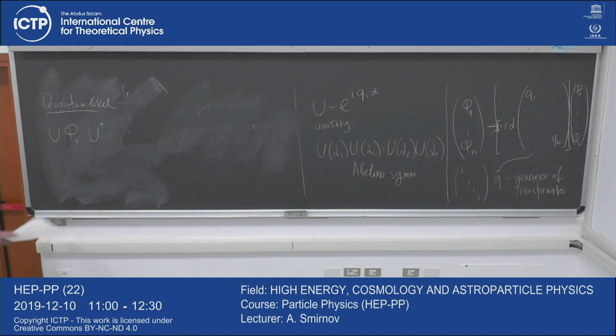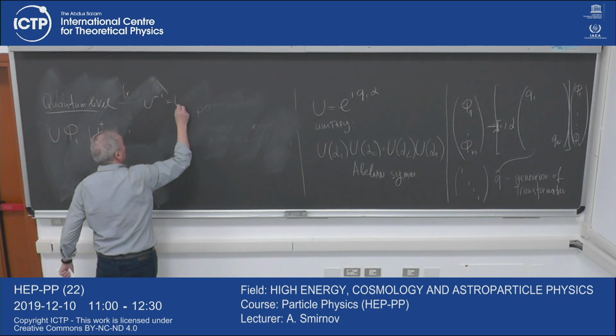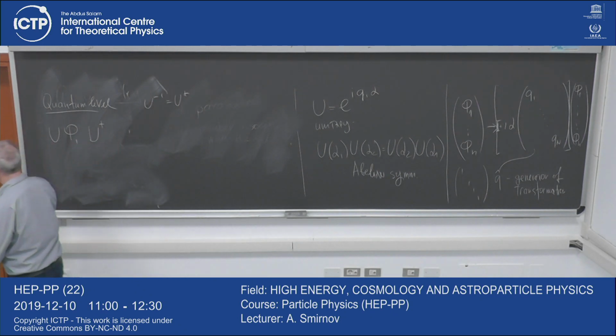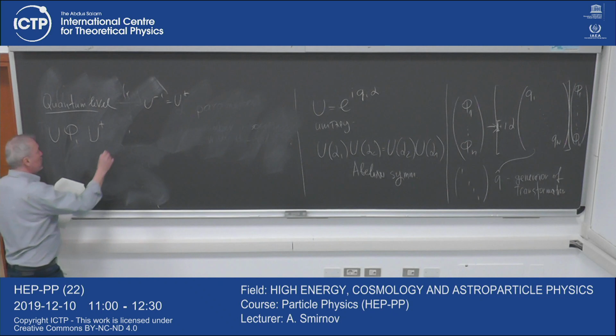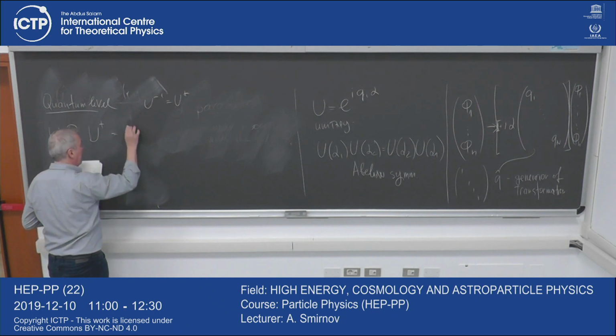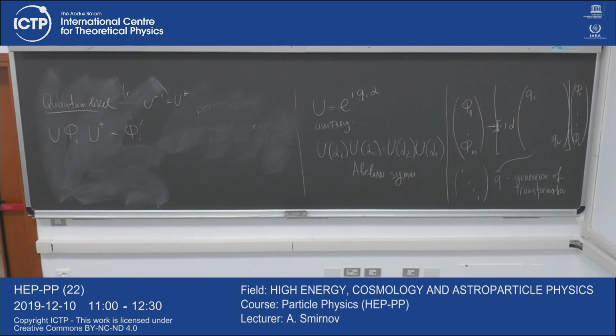Since these are unitary transformations, we have U^-1 equals U dagger. Okay, and that should be phi prime. So this is how at the quantum level we introduce transformations.